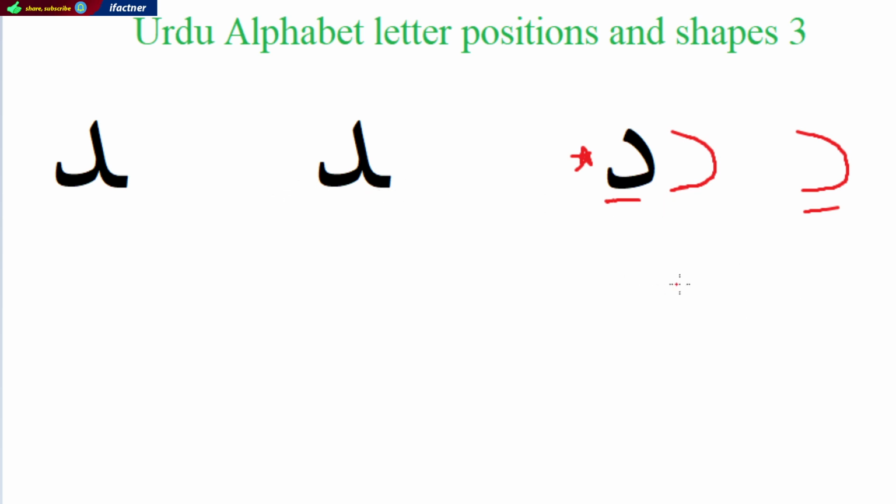For example, we have a word, let's suppose dil. Dil means heart. Let me write it down. Daal and lam. Dil. And if you want to, you can add a zir under daal.